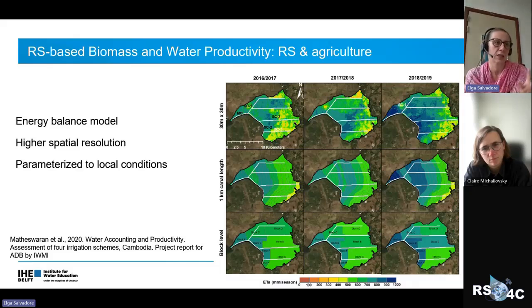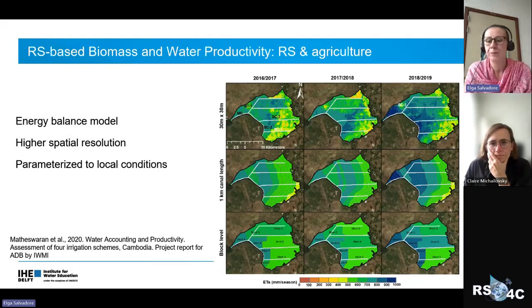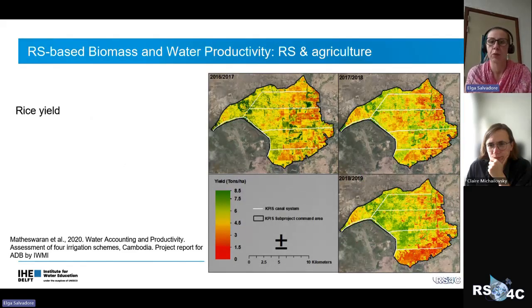Here you can see that there is some consistency with the global products, but you have a lot more detail. You can see that some areas consume more water than others, and very often it is the locations which are close to the main canals. So the further away you go, the less water is available. You can also, with the same model, try to estimate the production.